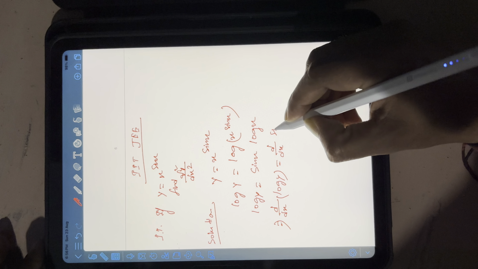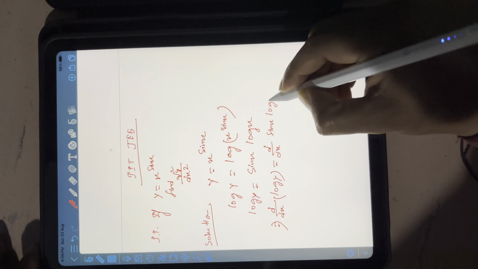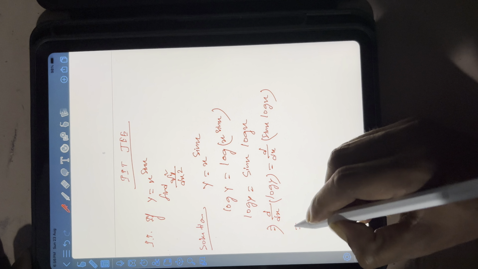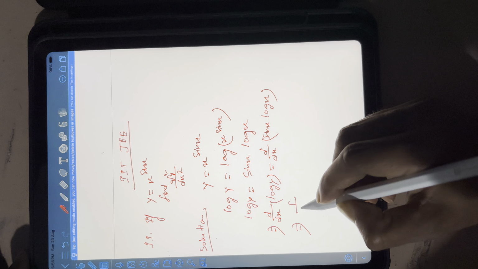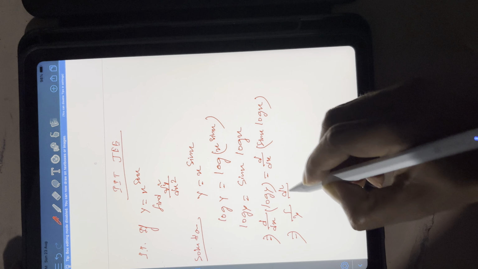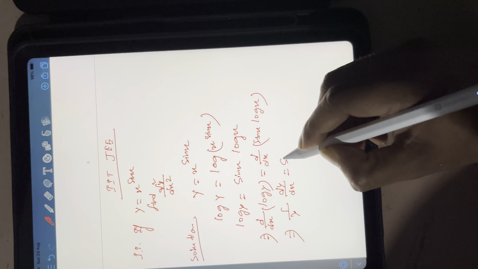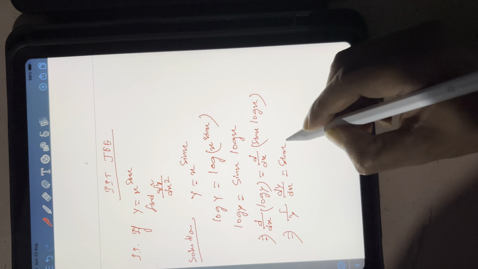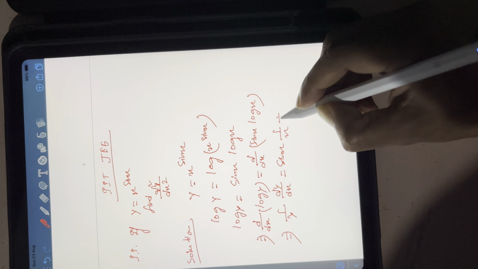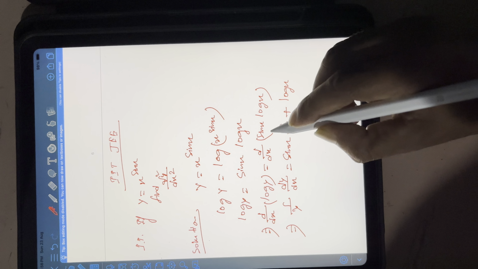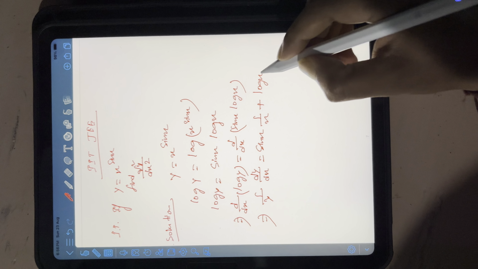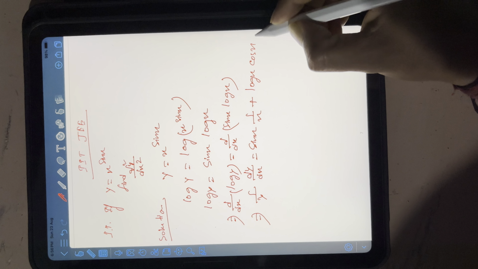d/dx of sin x log x, and d/dx of log y means (1/y) dy/dx. Then sin x times d/dx of log x, which is 1/x, plus log x times d/dx of sin x, which is cos x.